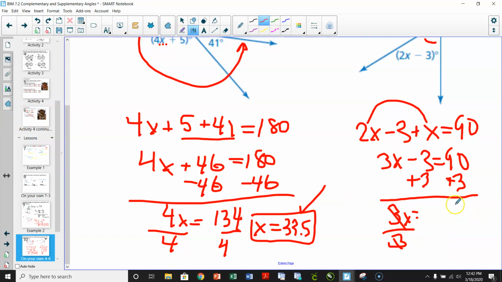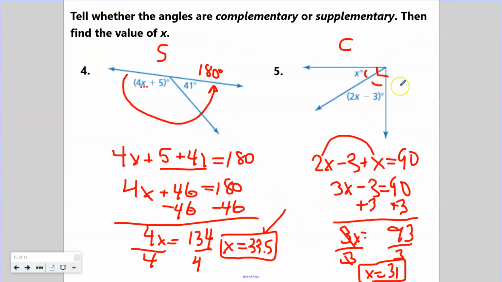All right, so 93, and we divide by 3. x is equal to 31, since there's 3 groups of 3 there and 1 group there. Looking at that now, 2 times 31 is 62, minus 3 is 59, and 59 plus 31 is 90 degrees, and I got it right. So that's the importance of checking your work.